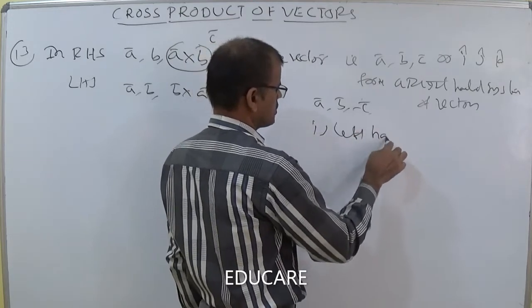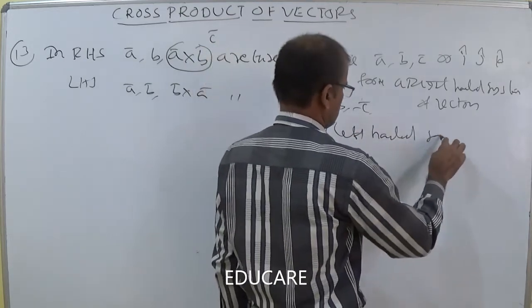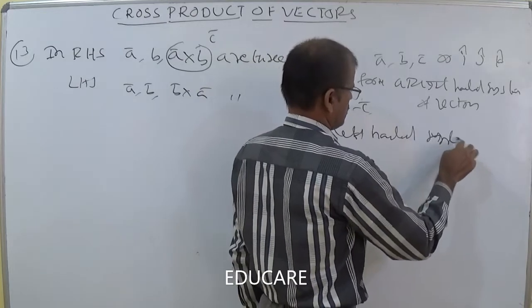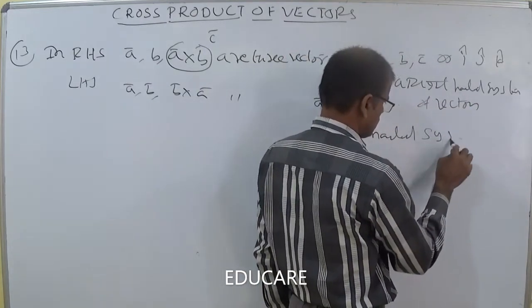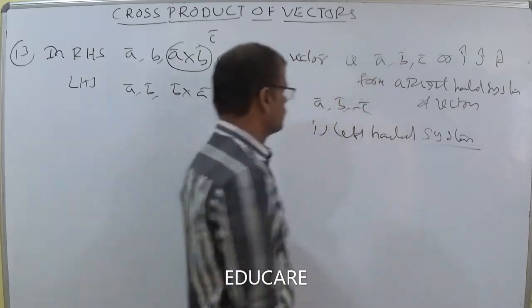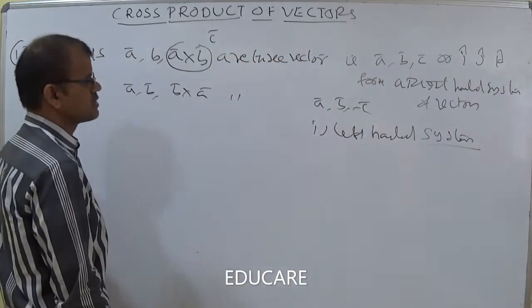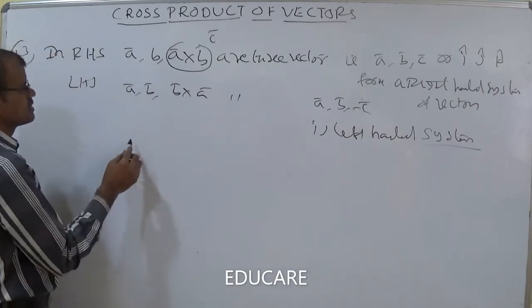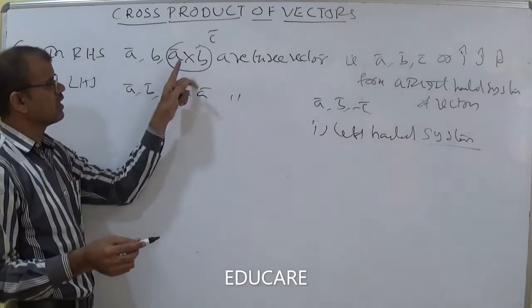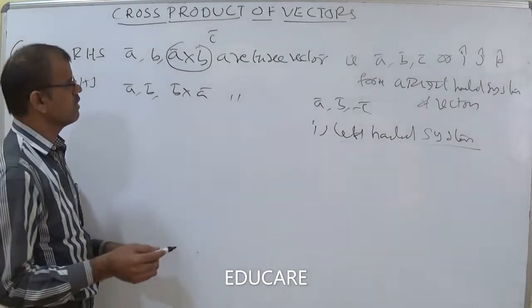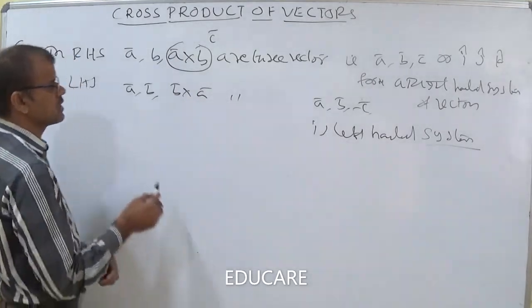So A, B, C is a left-hand system. A cross B negative is B cross A, otherwise minus A cross B, you can also say that.